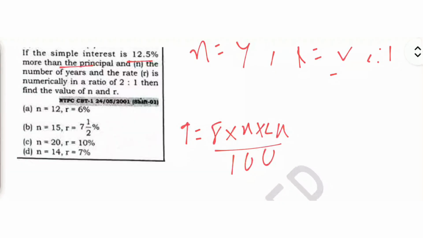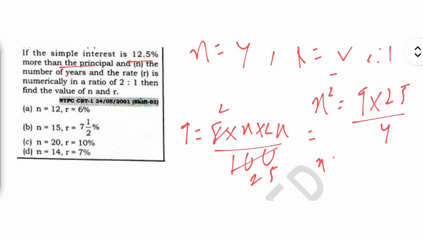So now what do we have? 4 2s are 4, 25s are 25. So x square is nothing but 9 into 25 upon 4. When you take the square root, x is 3 into 5 by 2, which is 15 by 2.